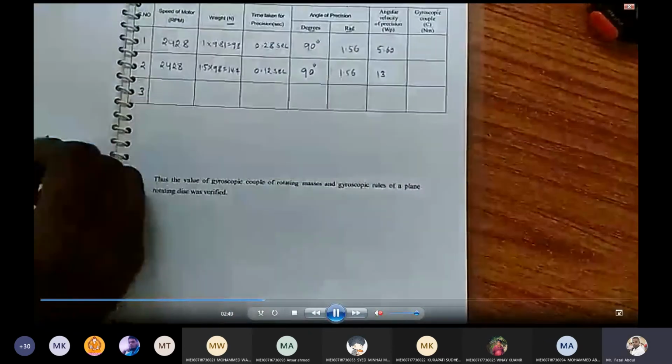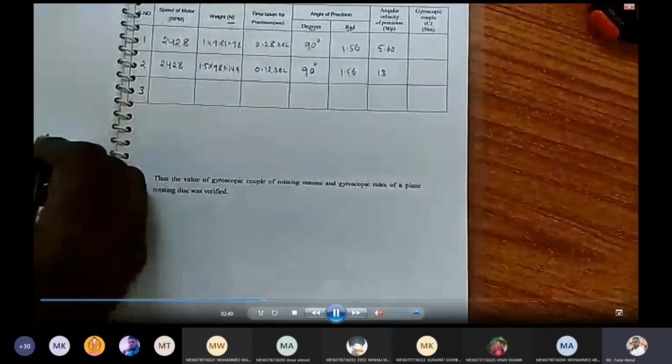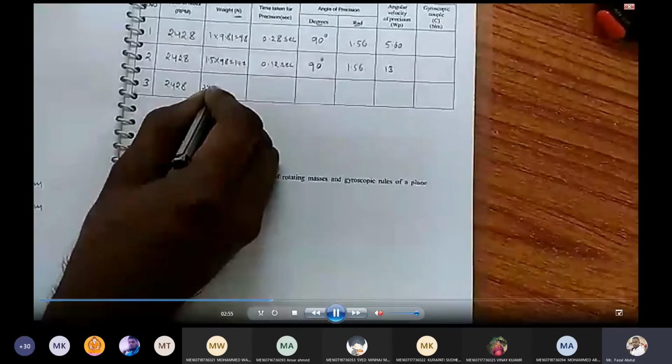Now for the third time, same speed 2428. Speed is constant in the entire experiment. 2 kg into 9.8.